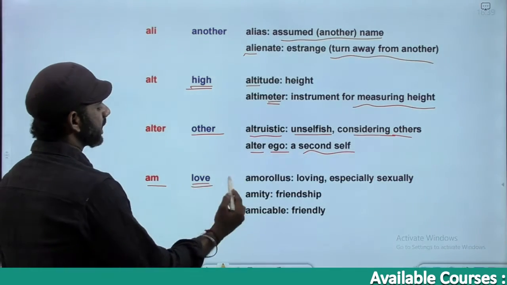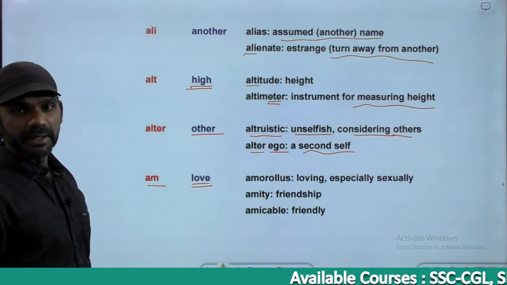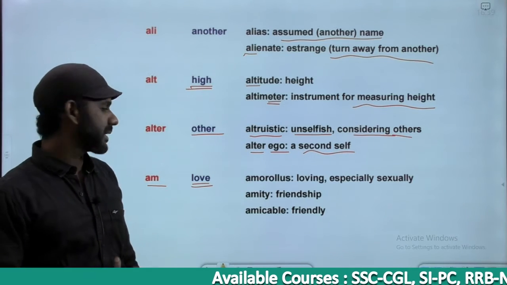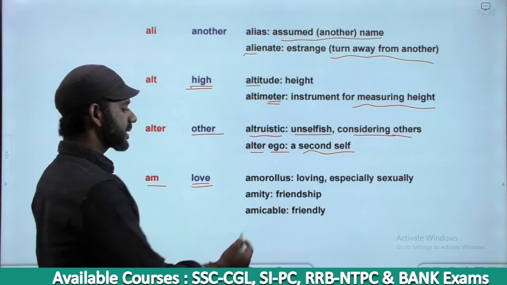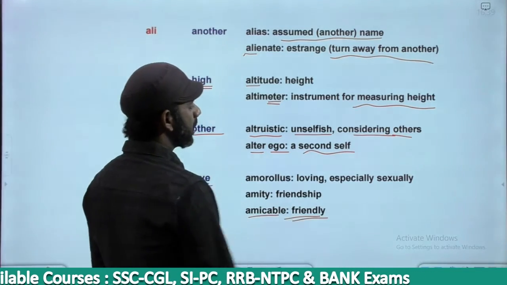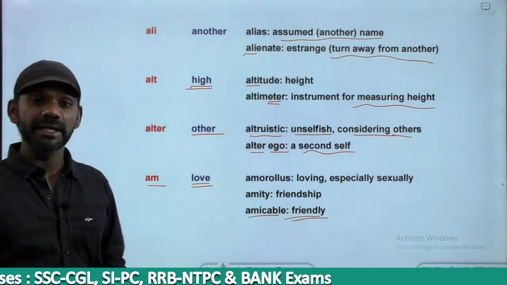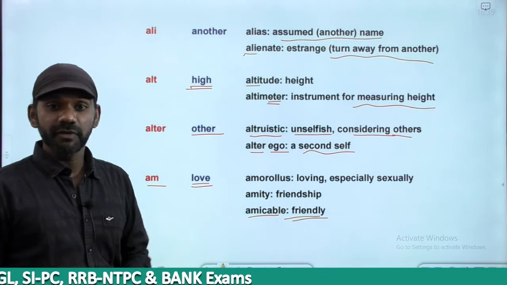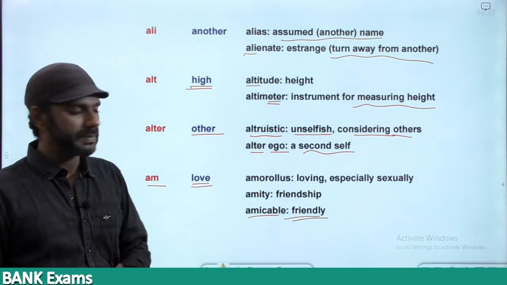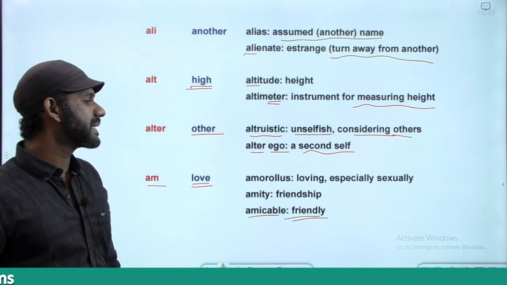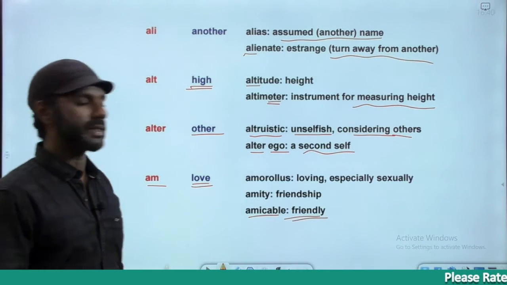AM means love, like amiable, right? Now we should resolve our differences amicably, means in a friendly manner, with love, in a peaceful manner, like getting along with each other in harmony and all. Amorous is loving, especially sexually.